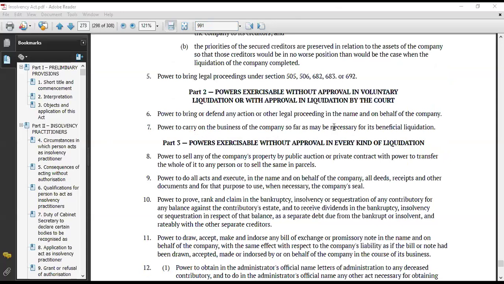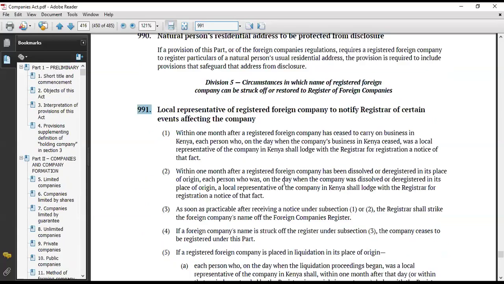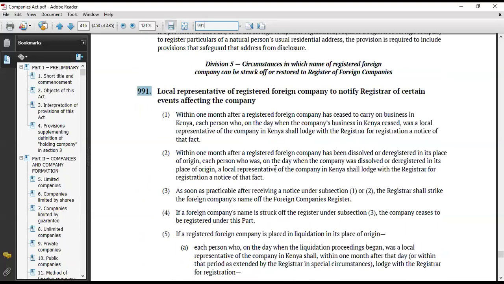I'm still scrolling. Okay, let me project. So, Companies Act. Yeah, the relevant section is 2.